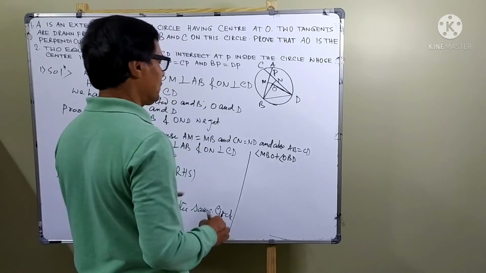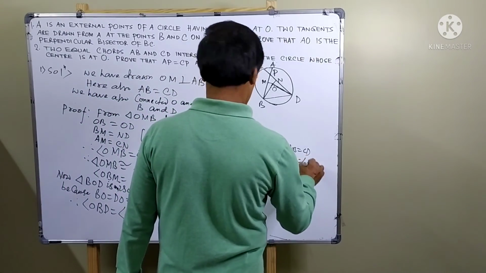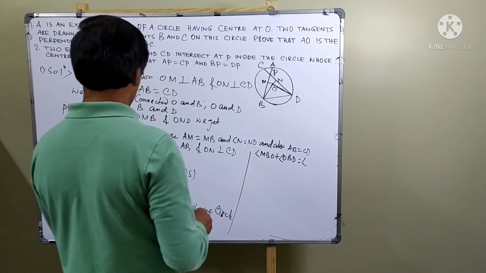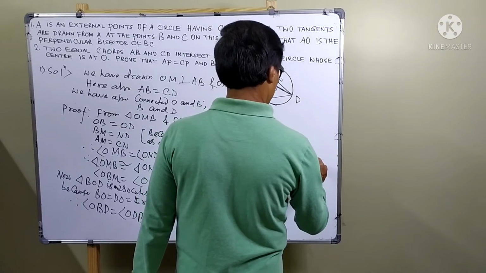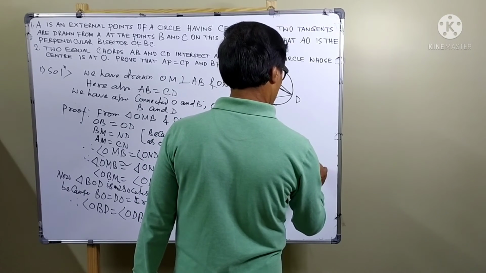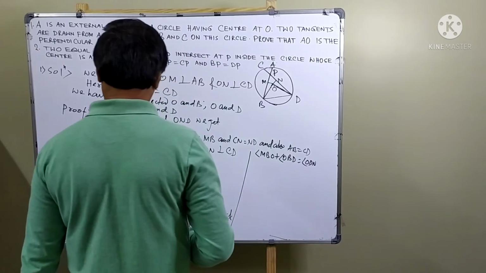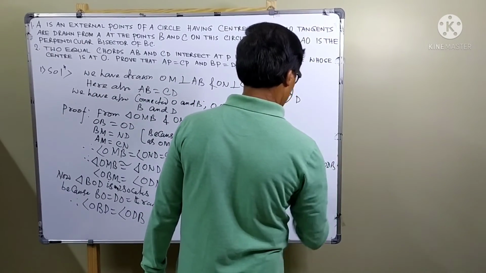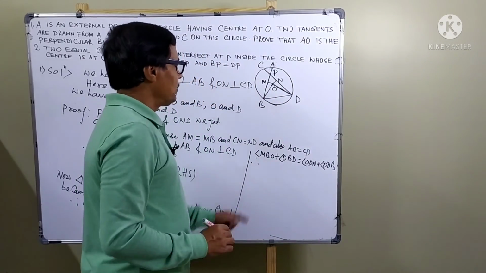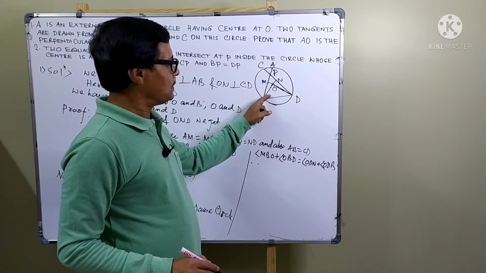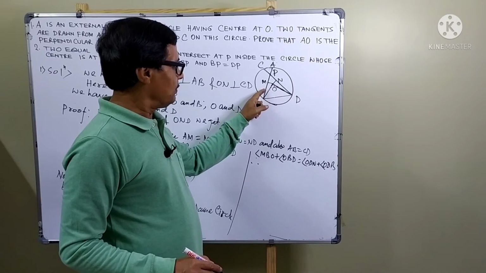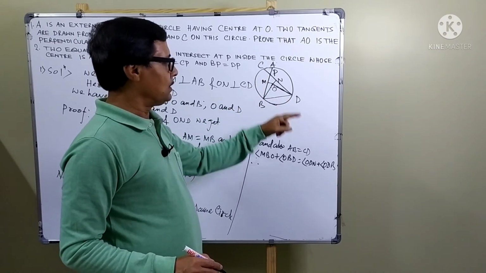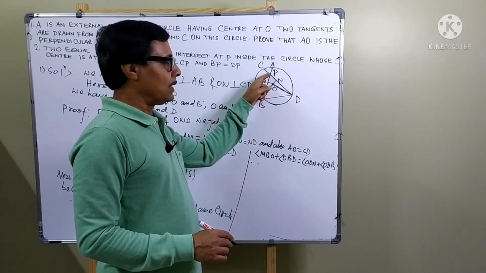By summing up, we get MBO plus OBD equals ODN plus ODB. You can see that MBO plus OBD is the angle MBD, that is the angle PBD.